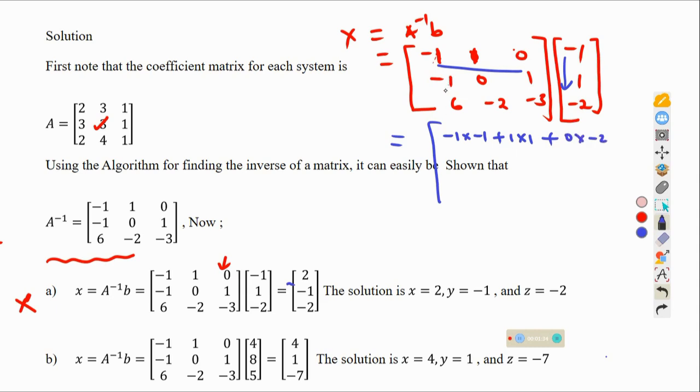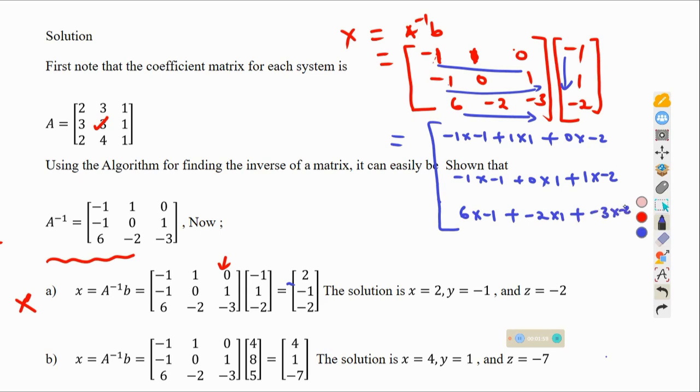Then this row into this column: negative 1 times negative 1 plus 0 times 1 plus 1 times negative 2. Then the third row into this column: 6 times negative 1 plus negative 2 times 1 plus negative 3 times negative 2. So that is what we shall have.